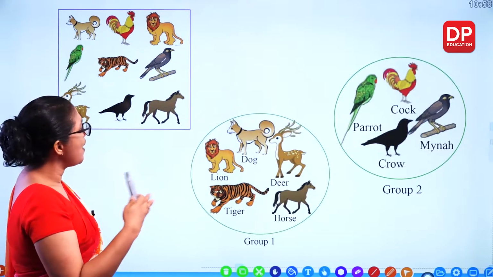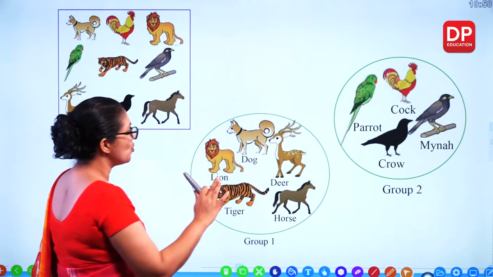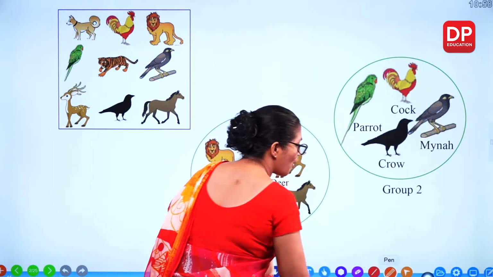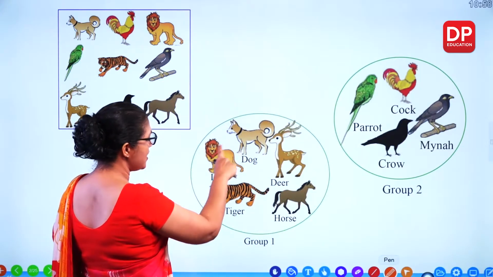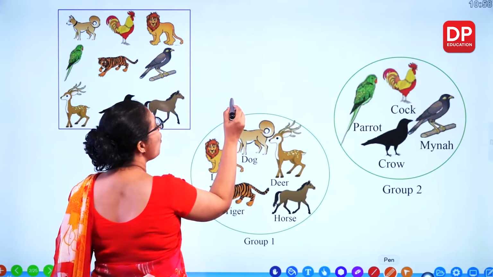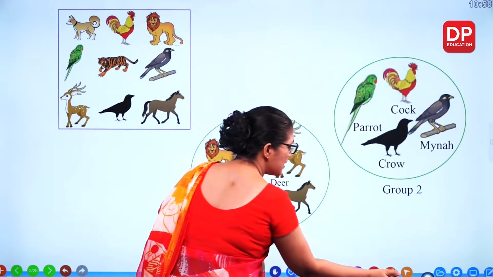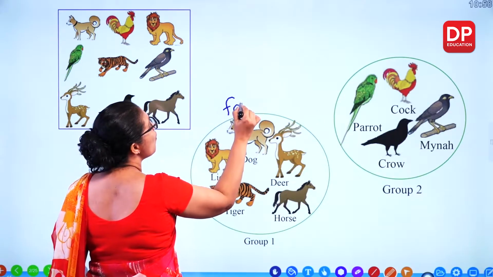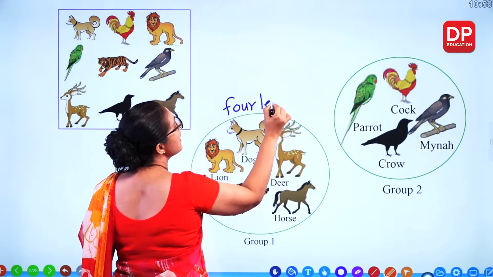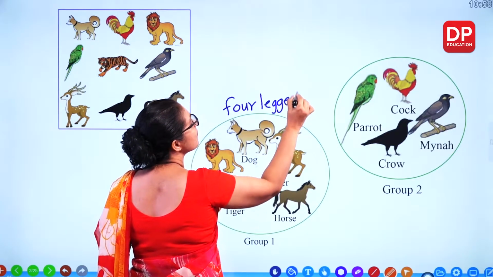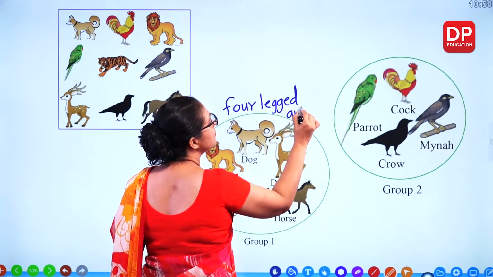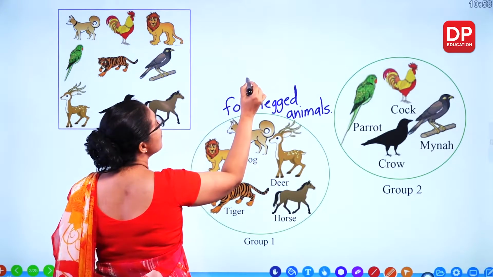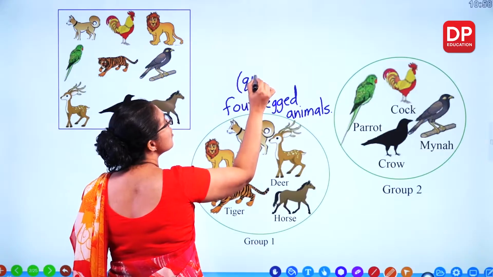So how can we label these two? You can't say group 1 and group 2. You have to give a name for that. So I can write these are four-legged animals. Or what's the other name we can use?